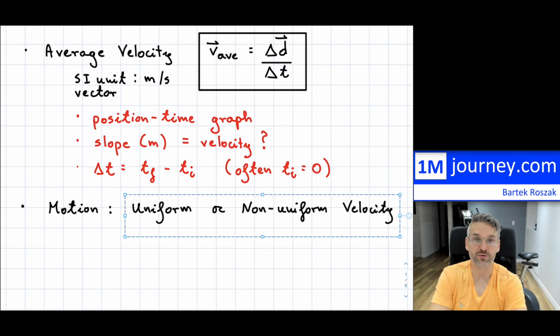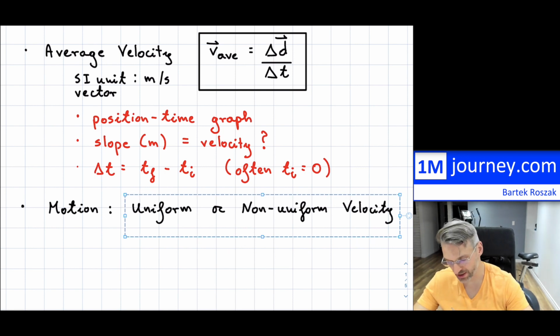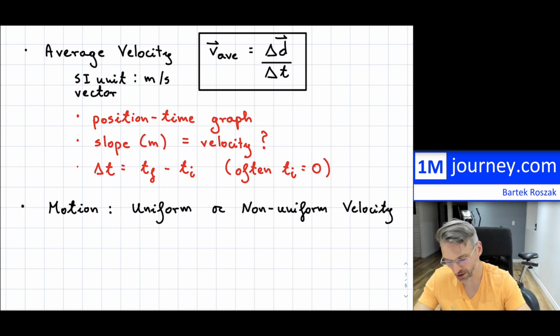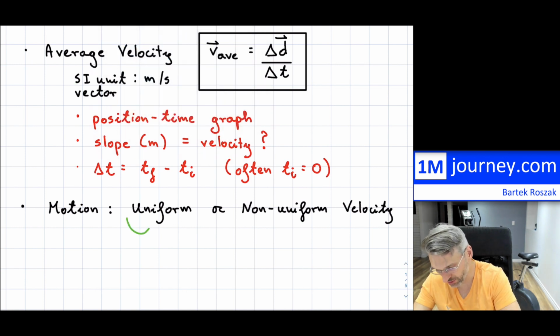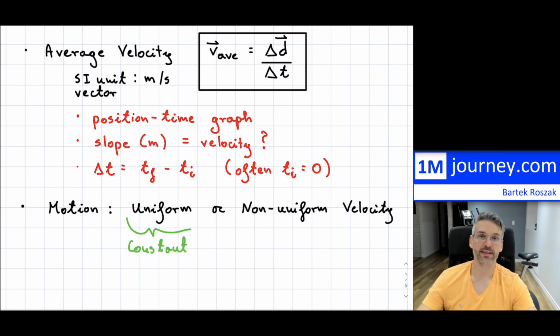You might have a uniform speed or velocity, or you might have a non-uniform speed or velocity. So when you're talking about velocities in general, what's the difference between uniform and non-uniform? Well, another word that is very often used for uniform is the word constant, which means it does not change. So there's no change in your velocity.